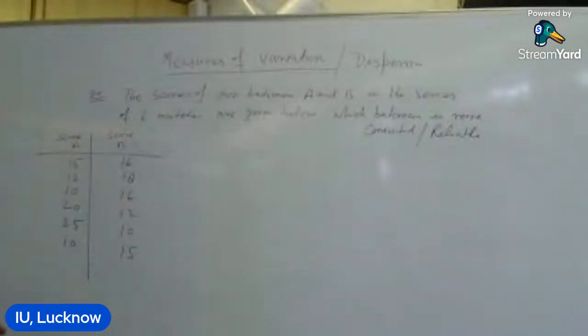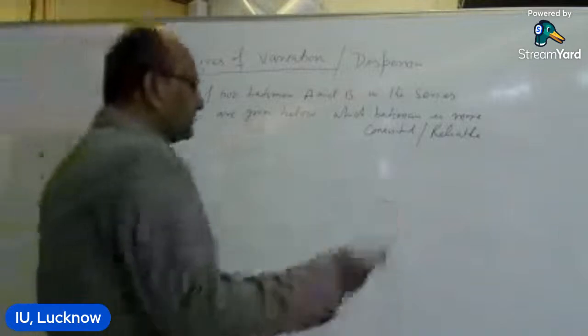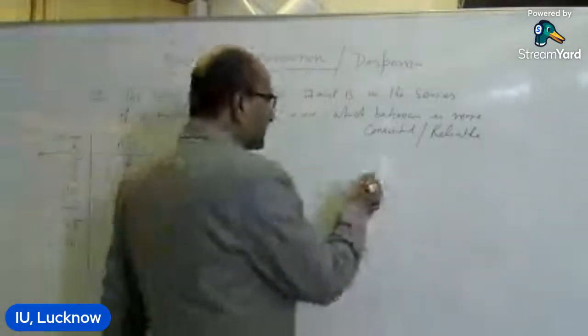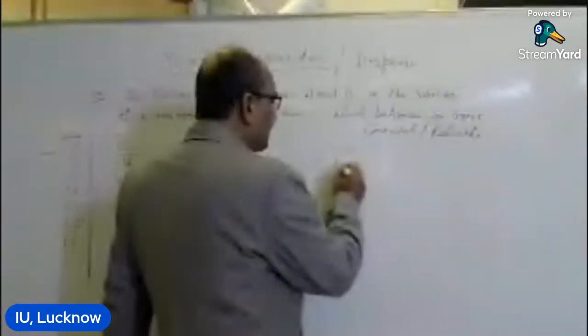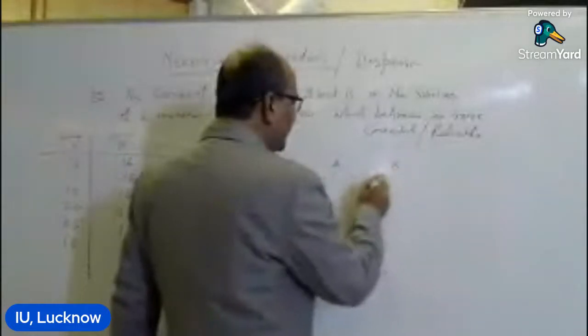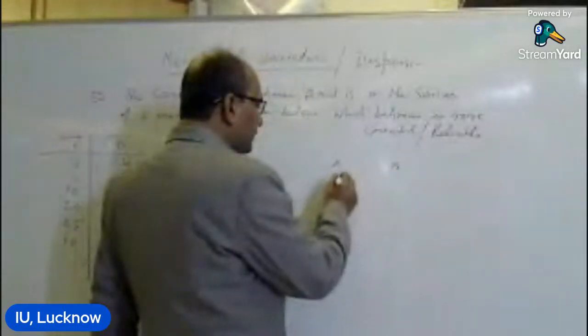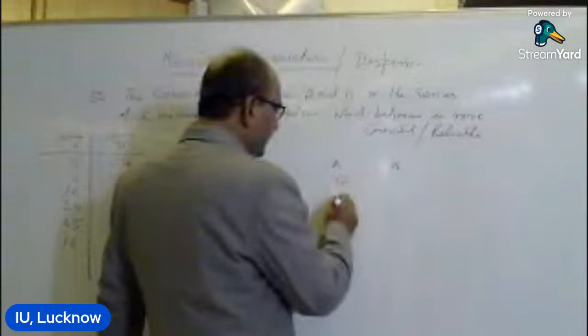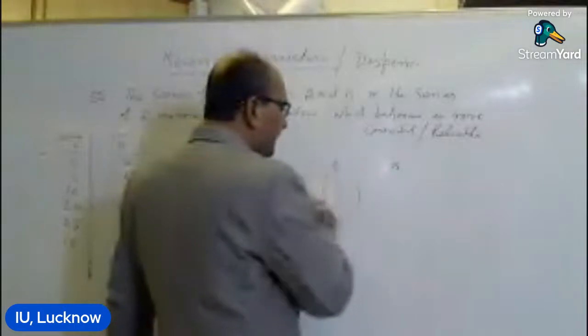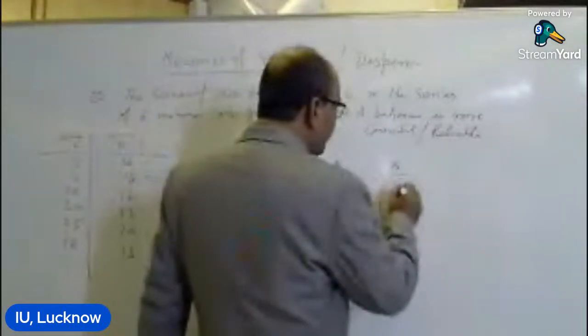So we take a simple example: two batsmen A and B, where the score for batsman A is 10 and 90, and the score of batsman B is 40 and 60.